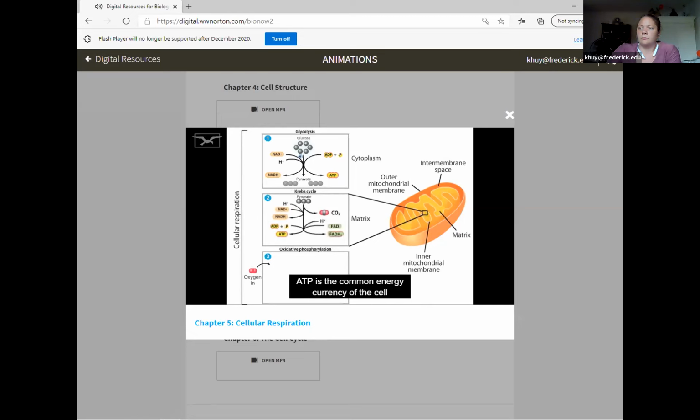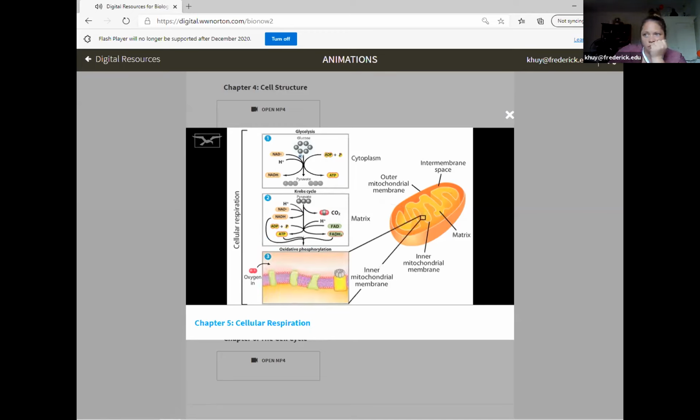ATP is the common energy currency of the cell and can now be used. NADH and FADH2 are converted into ATP in the final stage of cellular respiration, oxidative phosphorylation. Oxidative phosphorylation provides the largest output of ATP during cellular respiration. It occurs in and around the inner mitochondrial membrane.